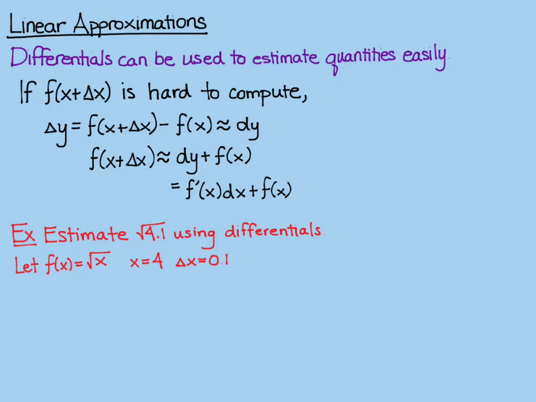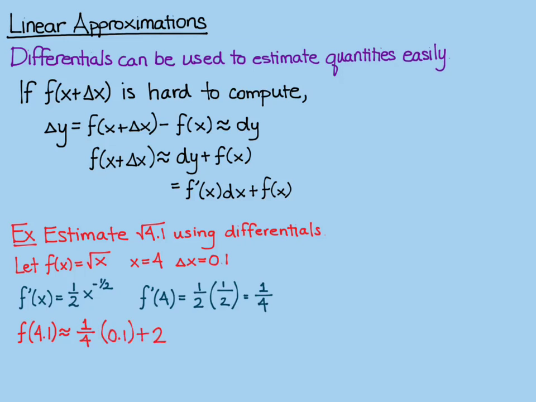So I'm going to let Δx be 0.1. Now we look at f'(x). We end up with f'(4) being 1/2 times 4 to the negative 1/2, which is 1/2 times 1/2, so we end up with 1/4.